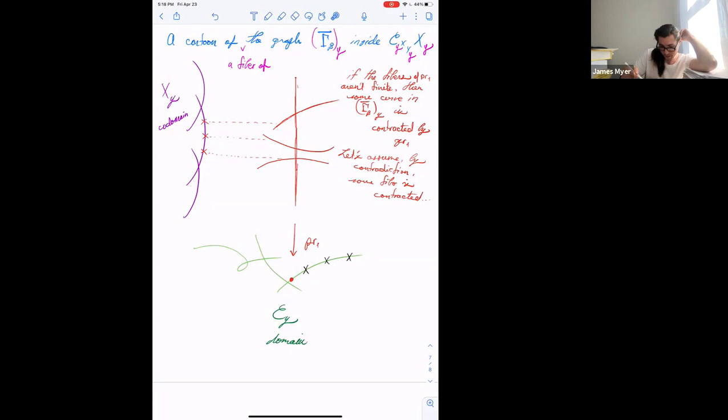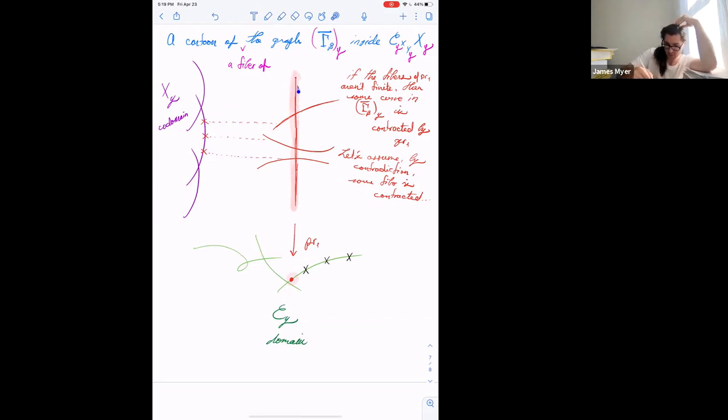Now, if that happens, then the preimage of this is this curve, which has to get sent to, so either this vertical component has to get sent to a point which is in the set of markings, or it doesn't.